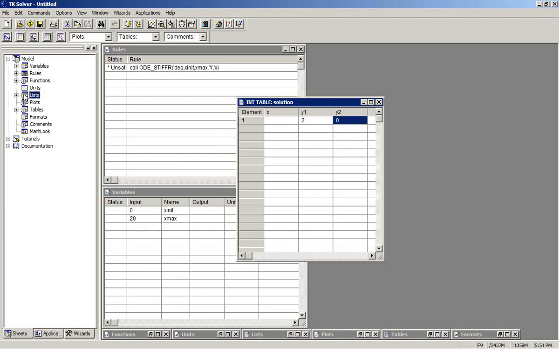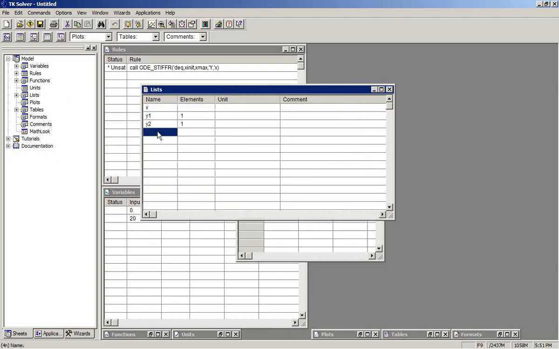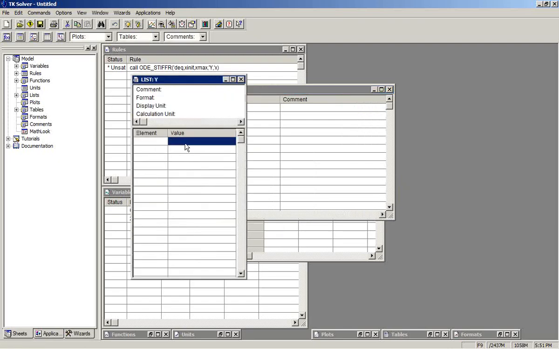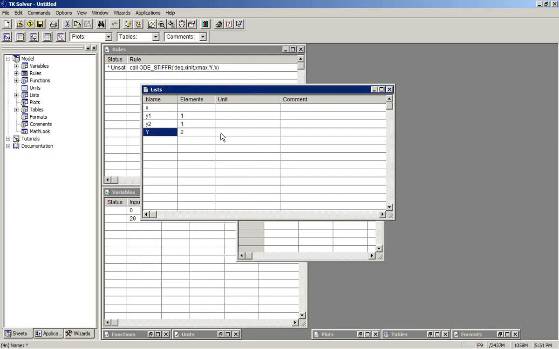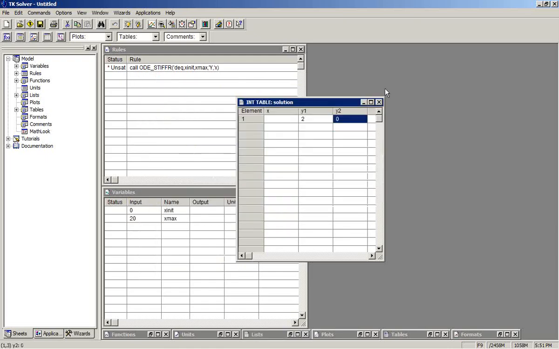Next, create the solution matrix y. And indicate that Y1 and Y2, those are the two list names that make up that matrix. At this point, TK has everything it needs in order to solve this over the interval from 0 to 20.